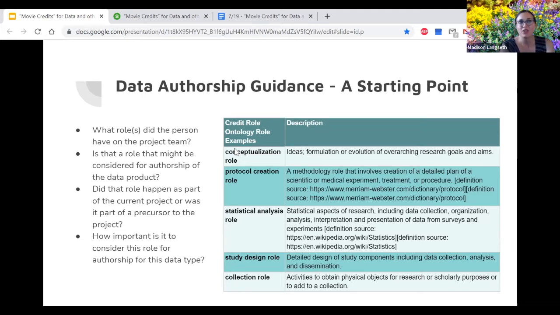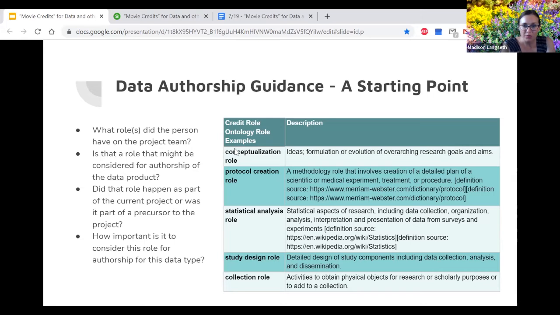If, however, that person created the protocol for another purpose, and then the protocol is being used or slightly adapted for this new project, then that person and their protocol should be cited, but not necessarily included in the author list for the current project's data product, unless that person contributed significantly in a different role as well.